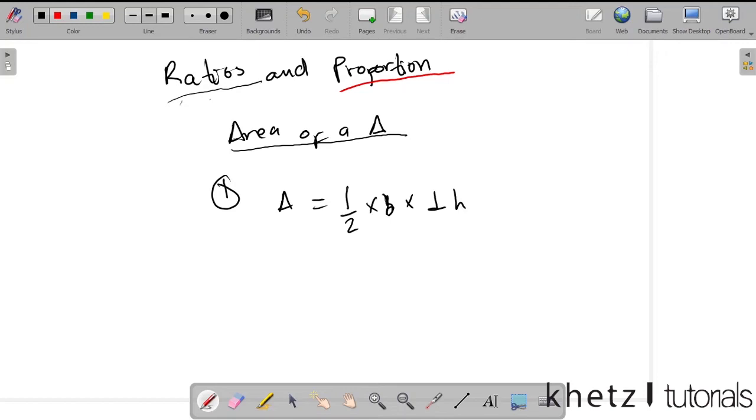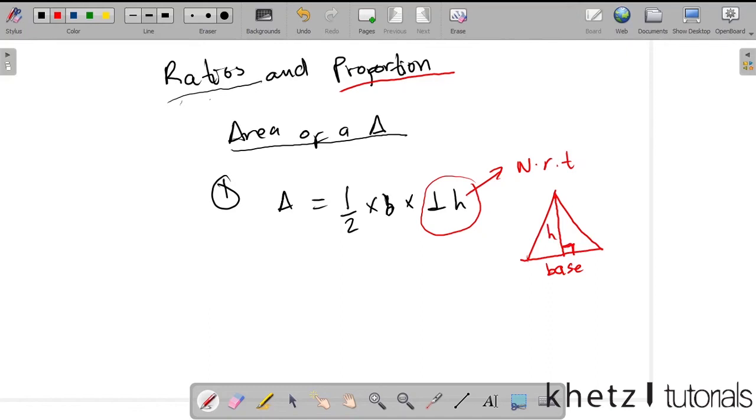And the first point says this height is taken with respect to the base. So if we have a triangle and we decide that this is the base, then the perpendicular height moves from the base to the top, or from the top to the base. So this is our perpendicular height.